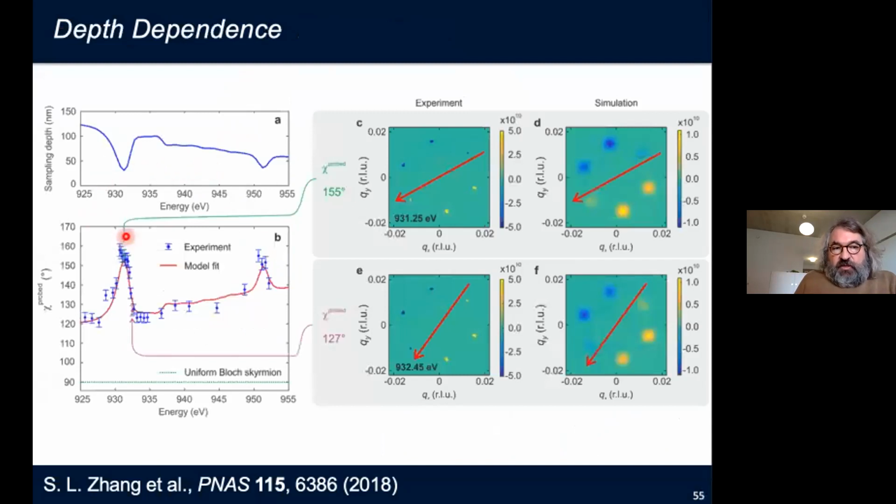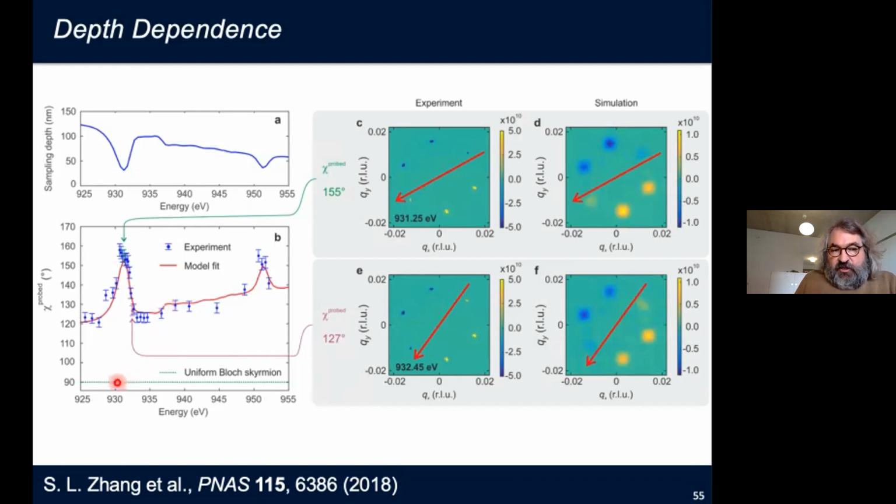So here is a plot of the measured chi, so the measured helicity angle, as a function of energy, and we can decode that and get a plot of this probed chi as a function of sampling depth.